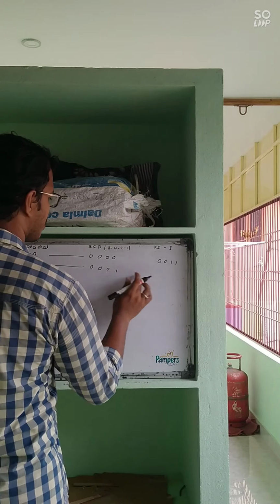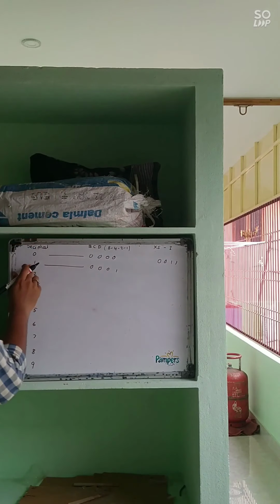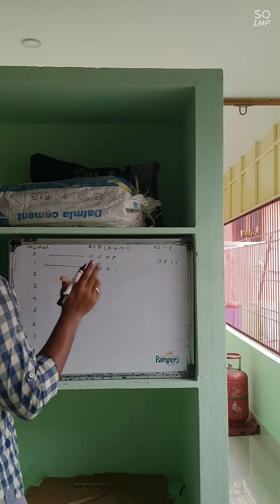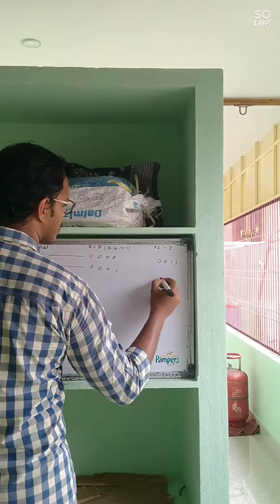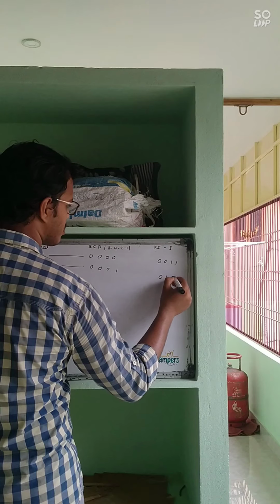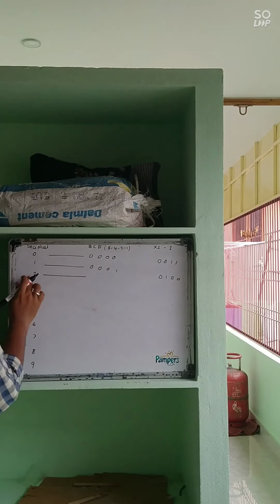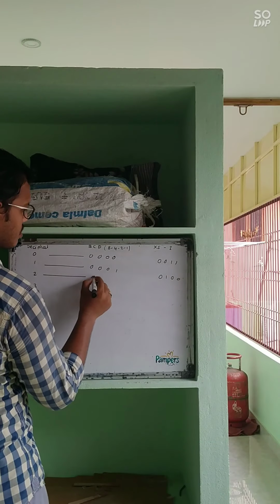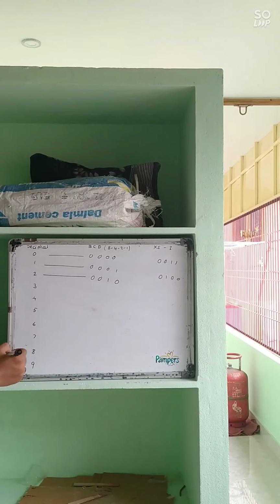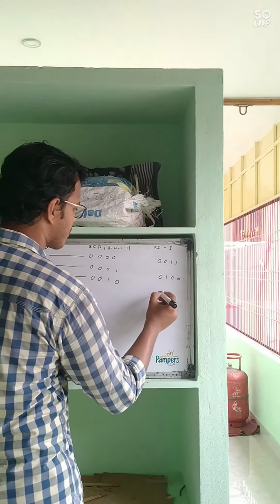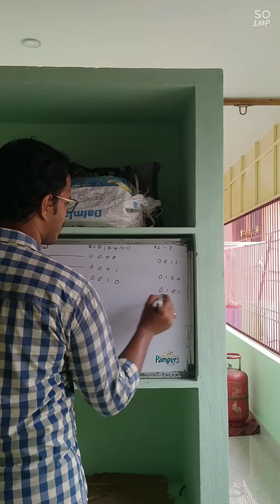So if we add 3 to the 1, 1 plus 3 means 4, so 0 1 0 0. 2 means 0 0 1 0. 2 plus 3 means 5, 0 1 0 1.